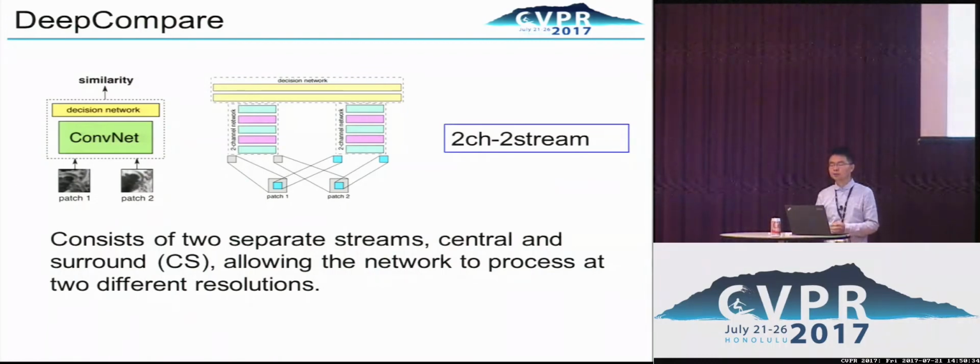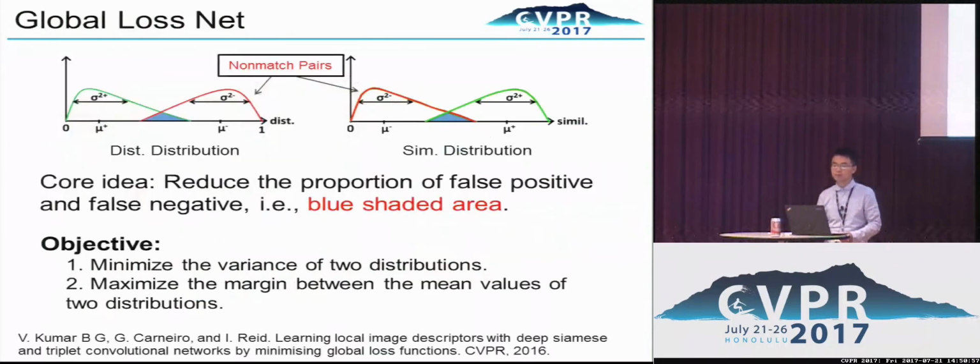These two streams go through two feature networks separately and then are concatenated together to output a similarity score of the two input patches. Their experimental results show that such a two-stream strategy can effectively improve the network's matching performance.